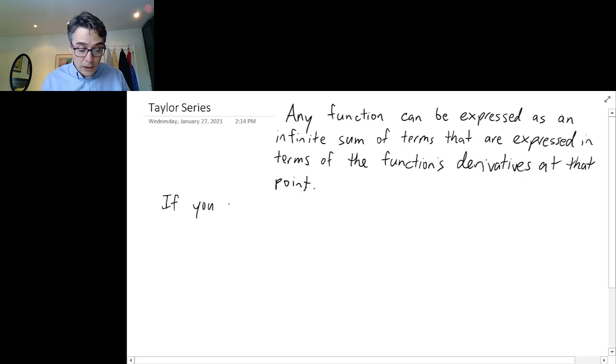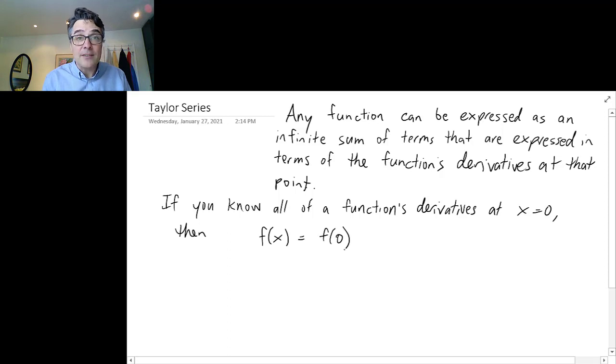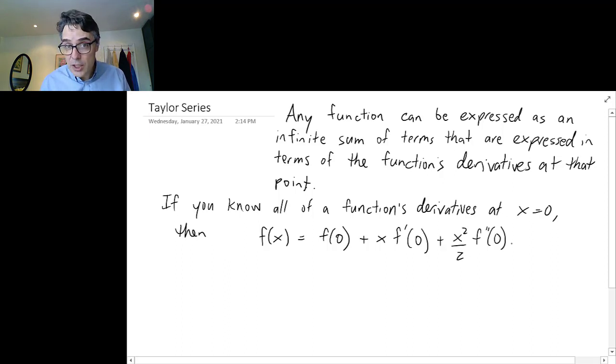If you know all of a function's derivatives at x equals 0, for example, then f of x equals f at 0 plus x times the first derivative of f at 0 plus x squared over 2 times the second derivative of f at 0 plus x cubed over 3 factorial times the third derivative of f at 0, etc., etc. So let's do an example.